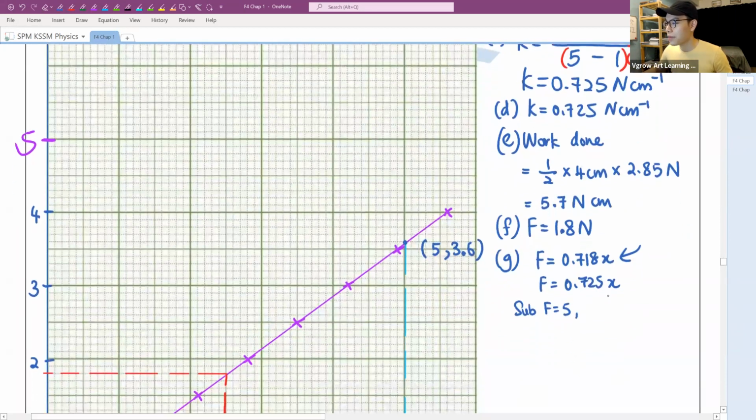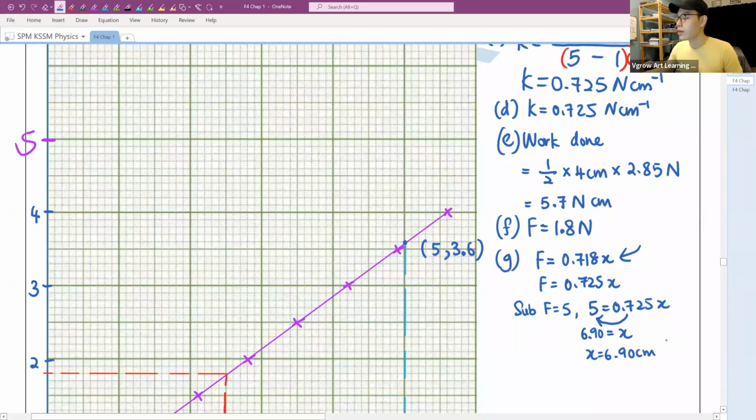So I'm going to sub 5 into my F there and find the value of X. Your one will be 0.718. So this one, the number just has to divide over. My X value, I get 6.89690. Okay, my X is equals to 6.90 cm.